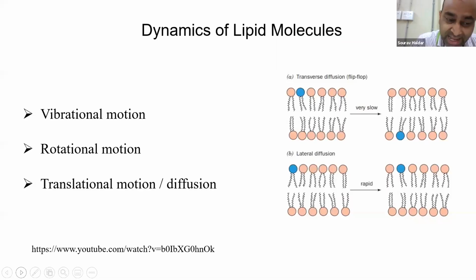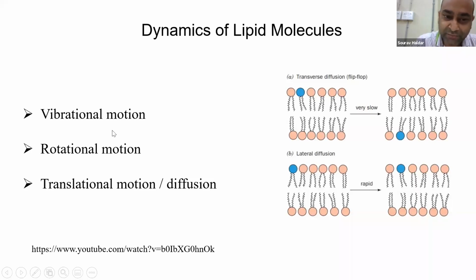In fact, this has been thought of as one of the predominant factors by which lipid bilayer would modulate the function of membrane proteins. But gradually people realize that it's not only fluidity; there are other properties, and as I defined in the last class, they are called emergent properties. I'll come to that in a moment.